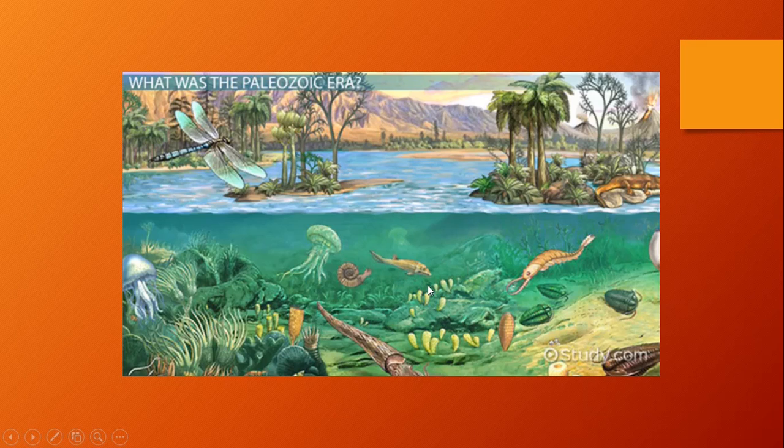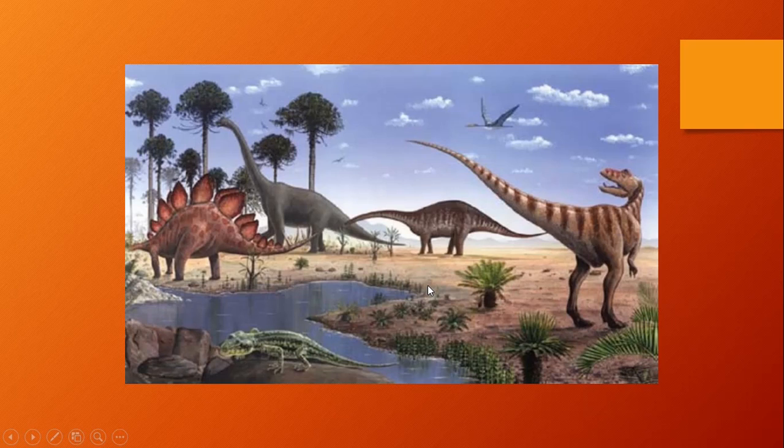Next, in Mesozoic era, golden age of reptiles. You see the diagram. Some reptiles are present, including dinosaurs. Especially the dinosaurs are dominant in the Jurassic period of Mesozoic era.